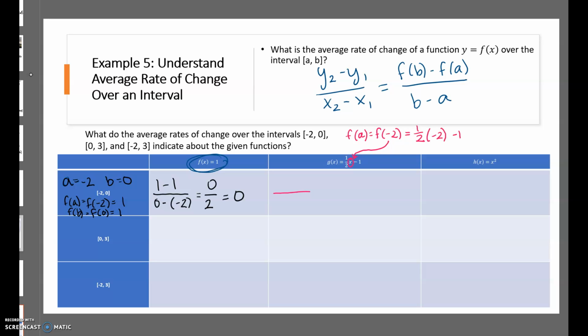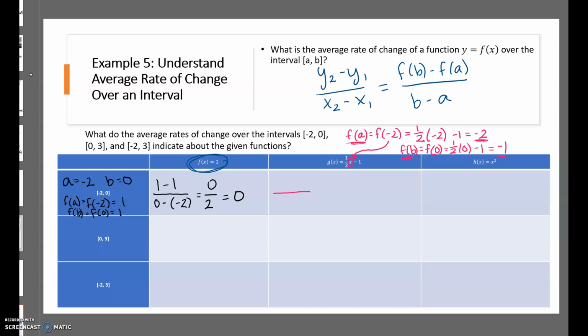So that would be 1/2 times -2 would be -1, minus 1 would be -2, and then f of b would be f of 0, and we're plugging in that now. So 1/2 times 0 minus 1. Well, anything times 0 is 0, minus 1 would be -1.